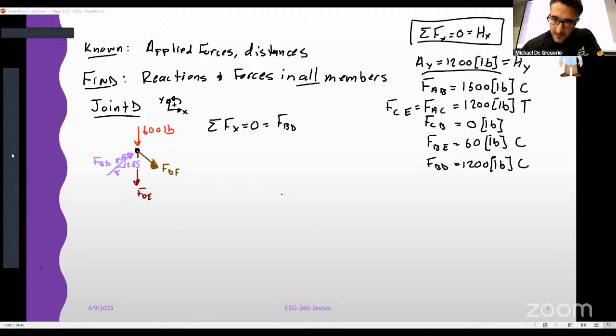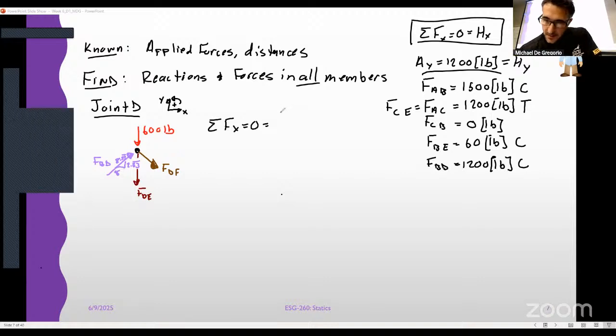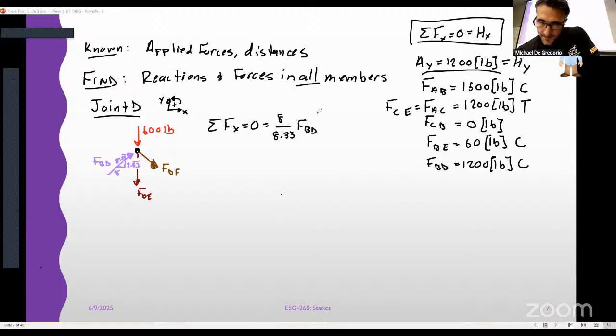Let me put the component in there: 8 over 8.33 FBD plus 8 over 8.33 FDF. There are no other x direction forces, right? In this case, these do cancel, because I can multiply by 8.33 over 8 on both sides, and that gets rid of everything.